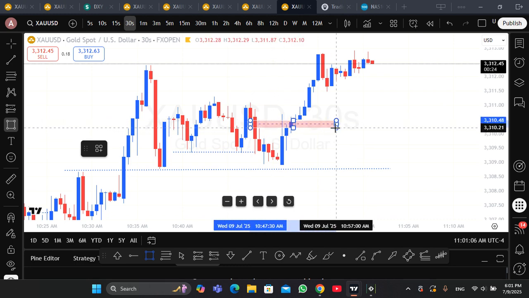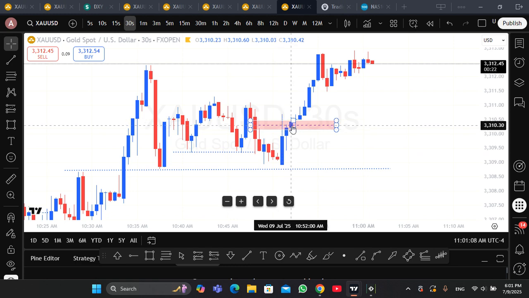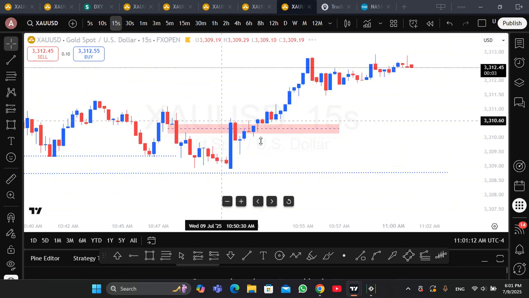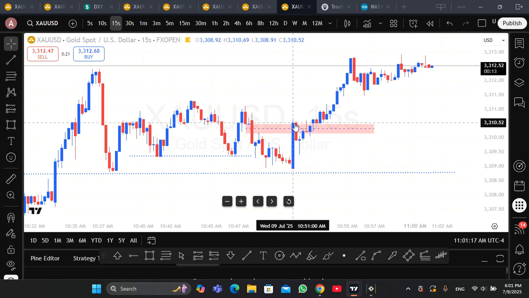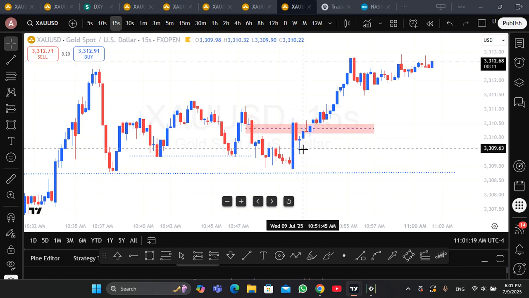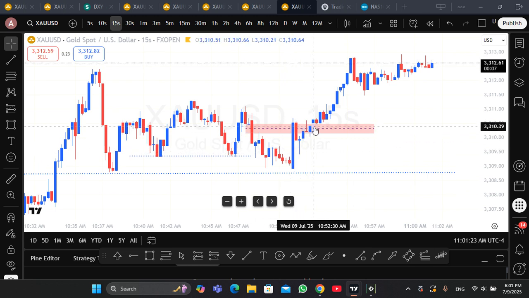You can see how the price struggles here a little bit and then moves upward. The price inverts the fair value gap, moves upward, and this candle opens up and then returns to retest this ordinary fair value gap, and moves upward.